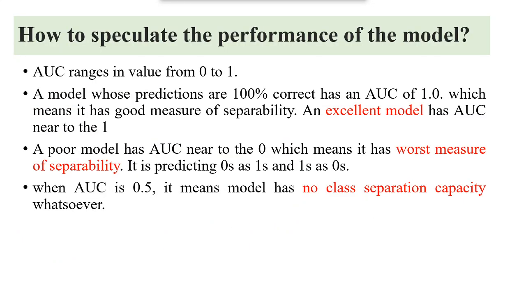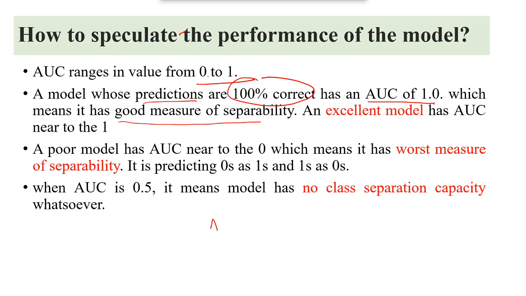So how to speculate the performance of the model? Here AUC ranges between 0 and 1. A model whose predictions are 100% correct has the value 1, which means it is a good measure of separability, an excellent model.